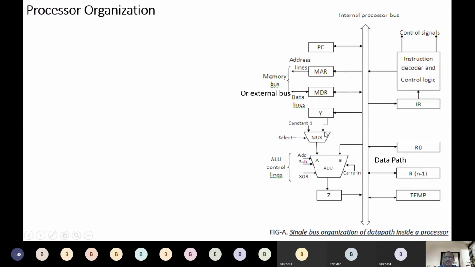Out of these 2 inputs, the MUX may select depending on these control signals, based on this select signal. It will select any one of these inputs. It may select constant 4, or the data from Y, and sends it, and this is the information we call A.